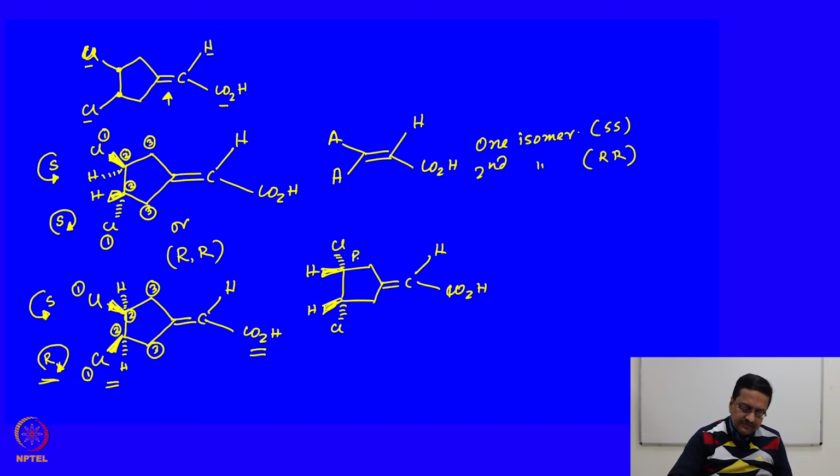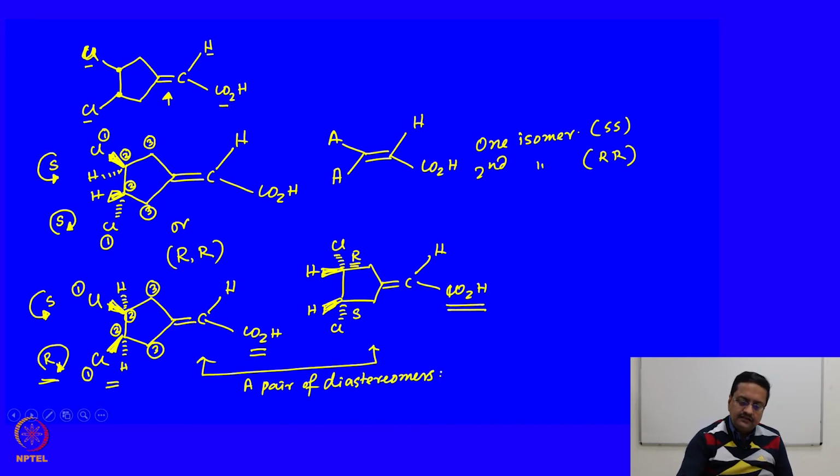Here it is RS, where R and CO2H are in the opposite side. So, these two are a pair of diastereomers, and these are two different isomers which are RR and SS. So, they are pairs of enantiomers.